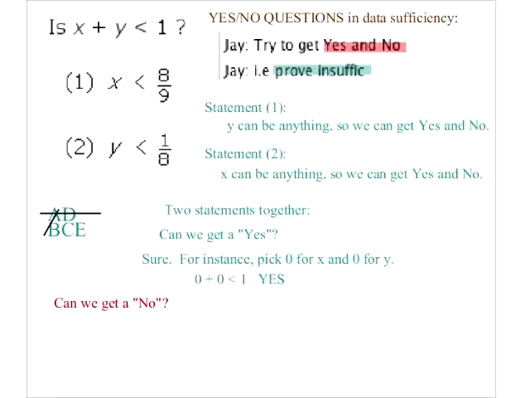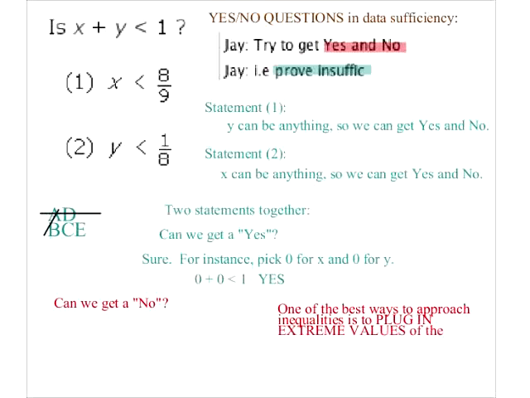So we have touched on this point in the previous inequality workshops, but it's definitely worth touching on again. One of the best ways to approach inequalities is to plug in extreme values of the variable or variables in question.